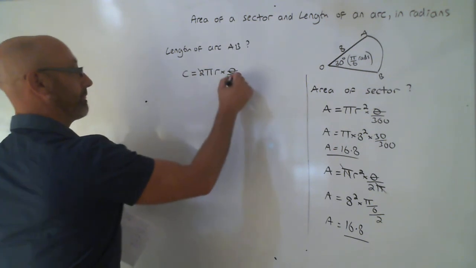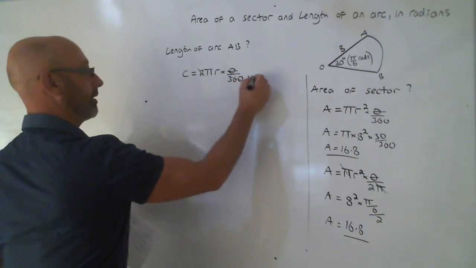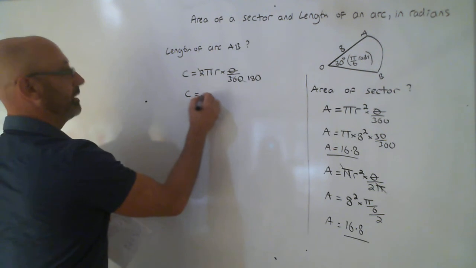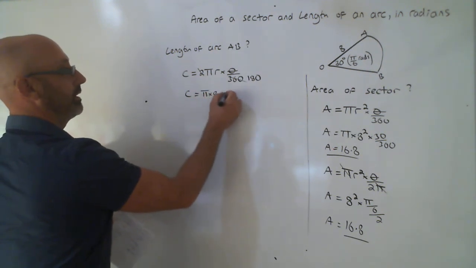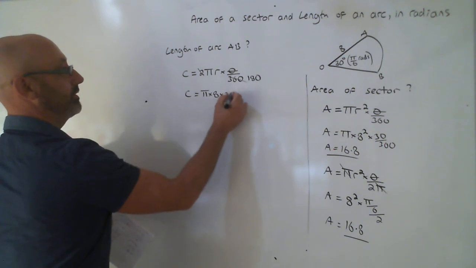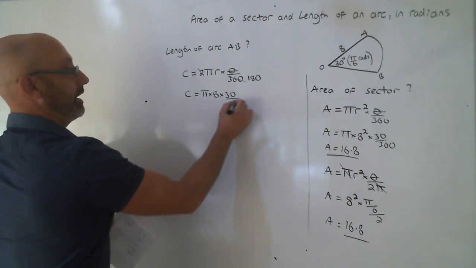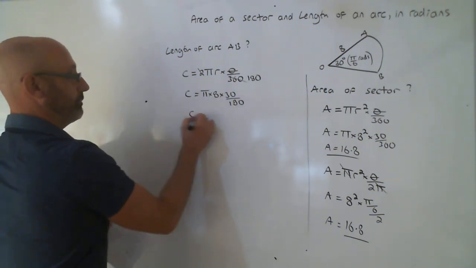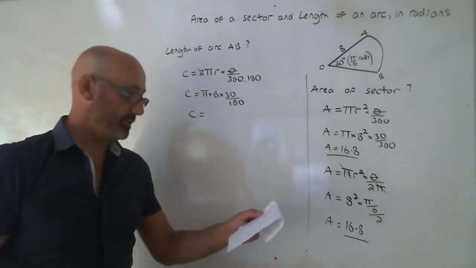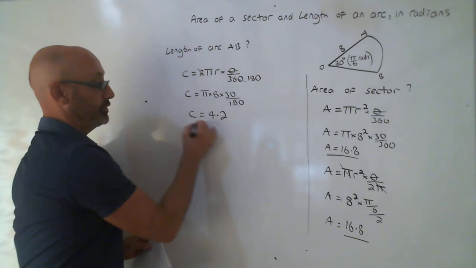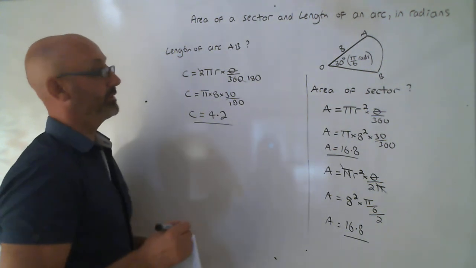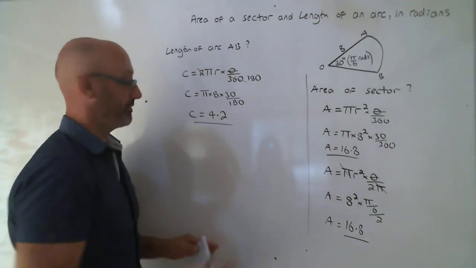And we're then going to replace what we know times 30 over 180, which is going to give us an answer of 4.2. Okay, there's no units, meters, or whatever it is.